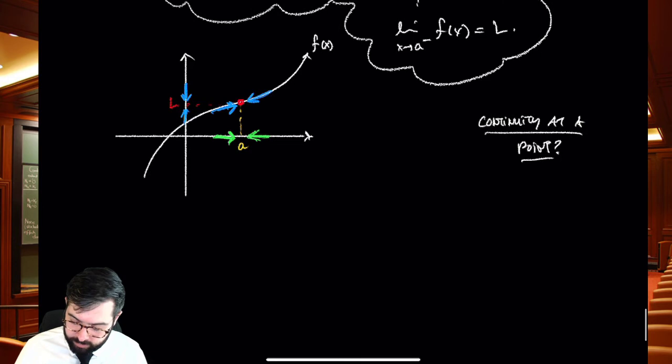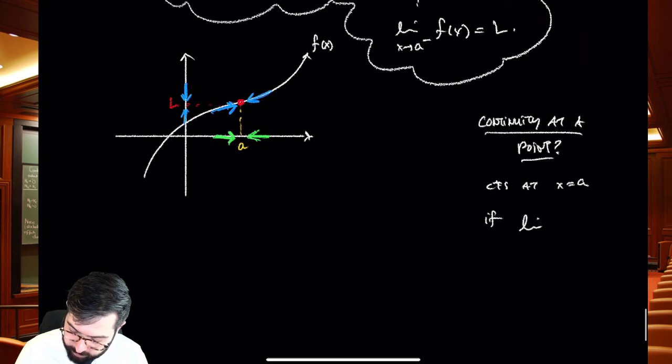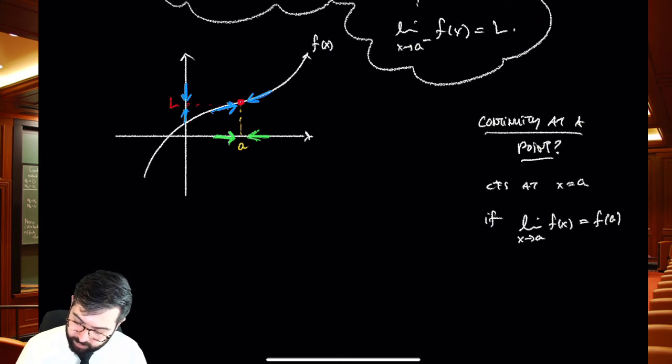So it's continuous at x equals a if the limit of f of x exists and it's equal to f of a.